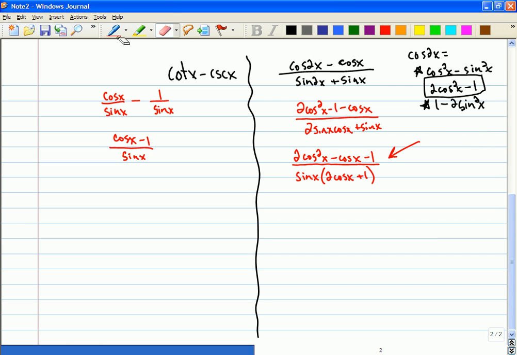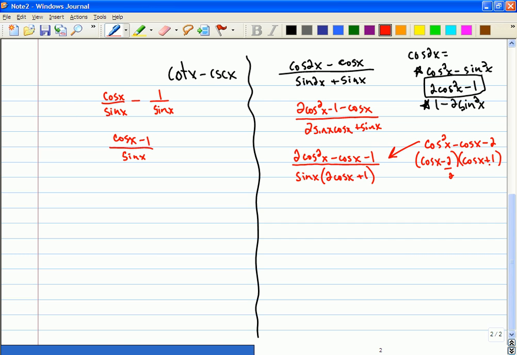The method that I use is this sort of magical one where I go cos squared x minus cos x minus 2. And then I think about the pieces I could use to make that happen. And I'm going to get cos x minus 2, cos x plus 1.